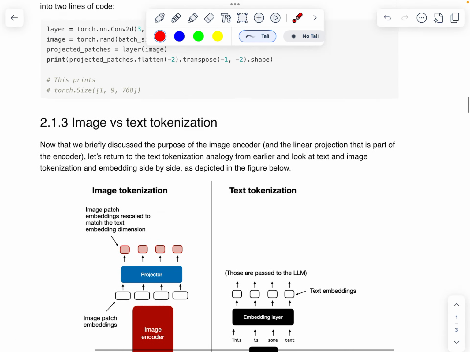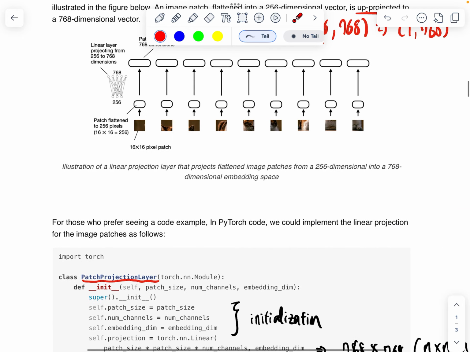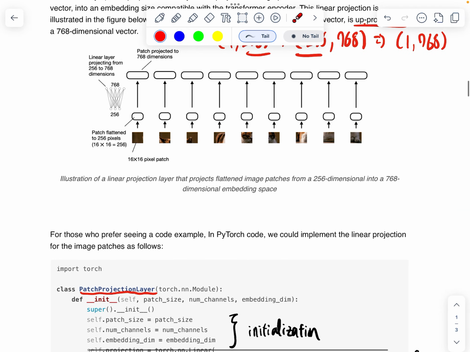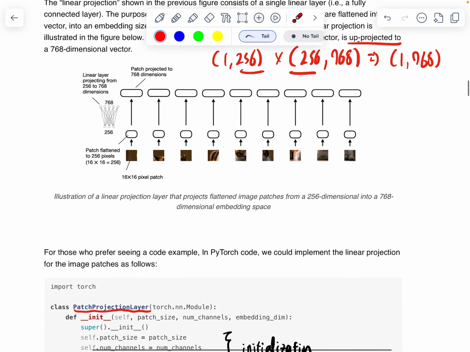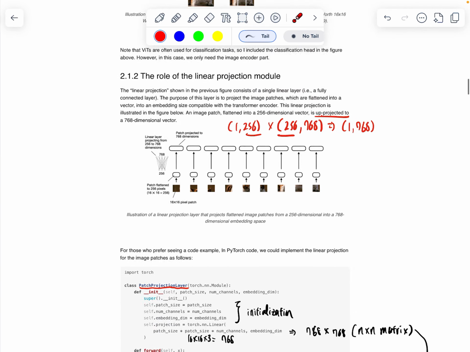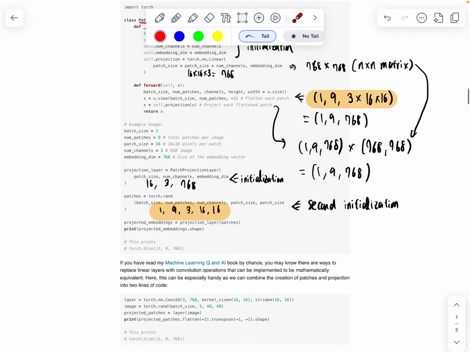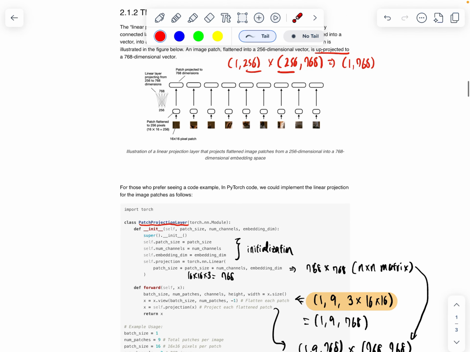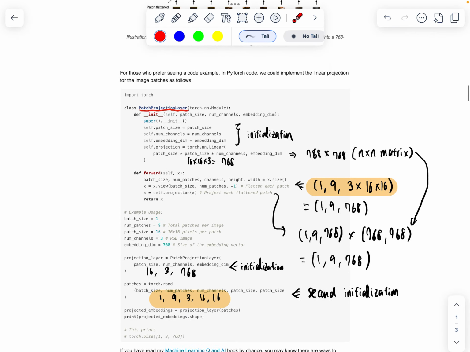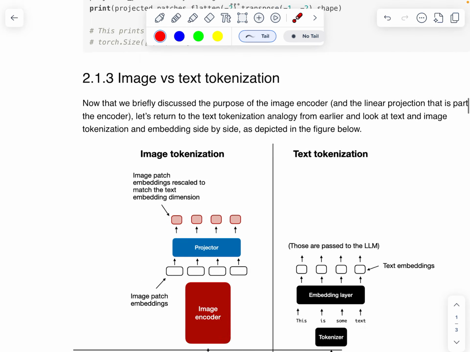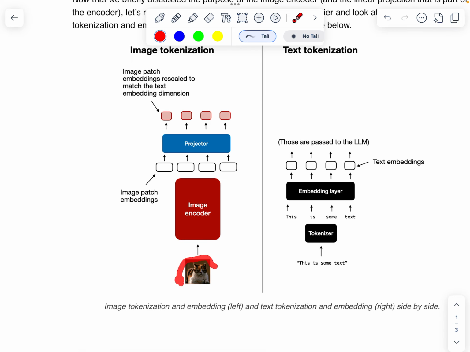So this specific part, I think, is the projection layer. It talks about what's happening here. Essentially what we do is the same: we have initialization, and then we up project it. We have an image, we split it into parts here in the image encoder into 9, and then we up project it.